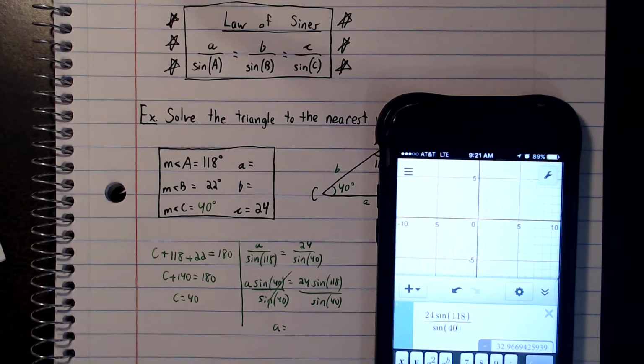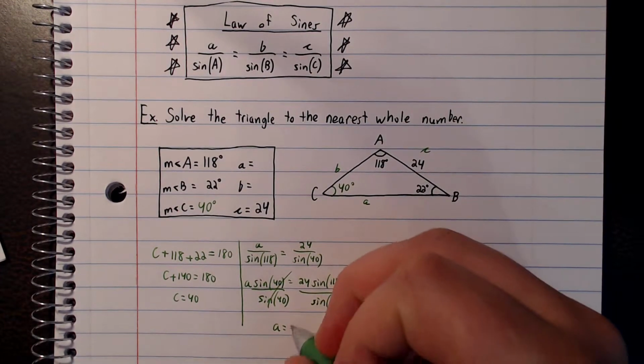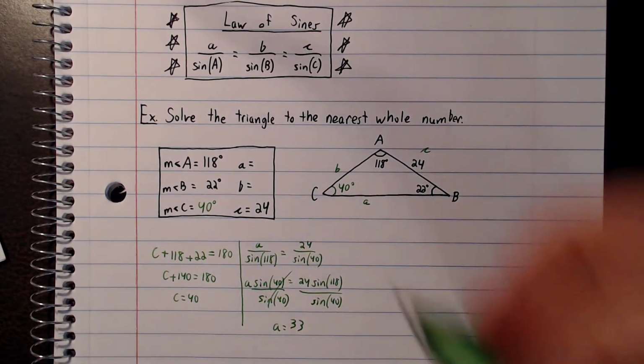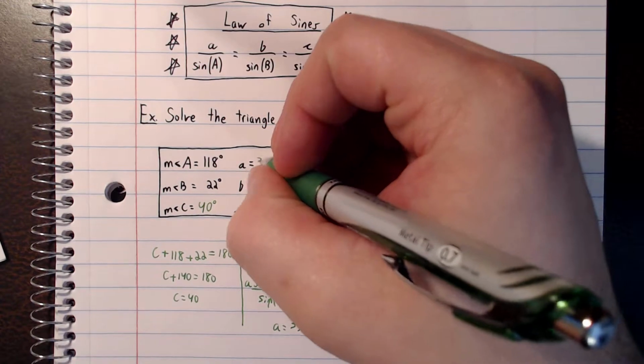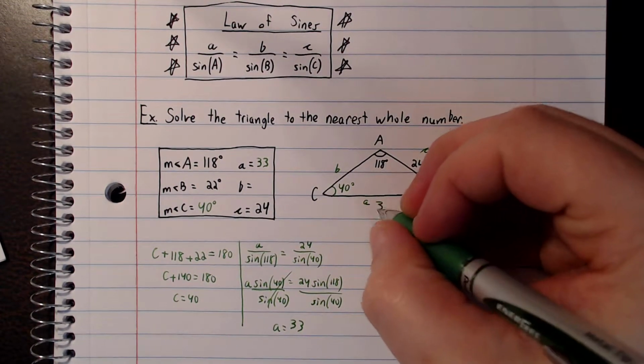And it comes out to 32.9. That 0.9 will make us round up to 33. Now don't delete that off of your calculator. Keep that on there for a minute because we're going to actually come back to that. Okay, so we found A to be 33.